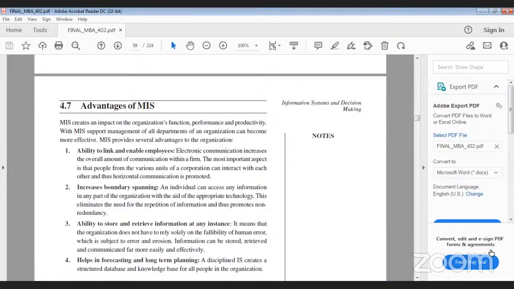It means that the organization does not have to rely on human memory, which is subject to error and erosion; information can be stored, retrieved, and communicated far more easily and effectively.